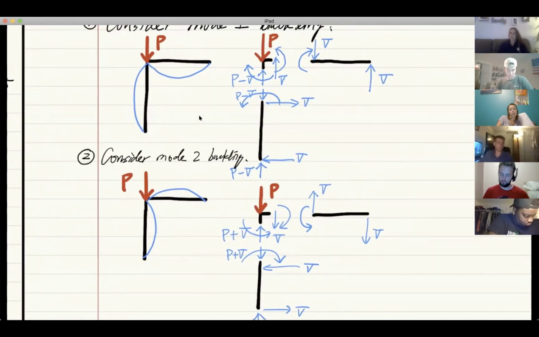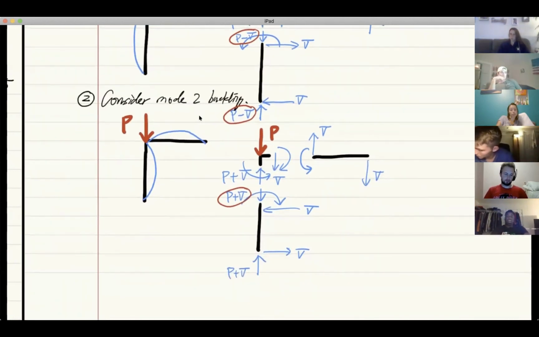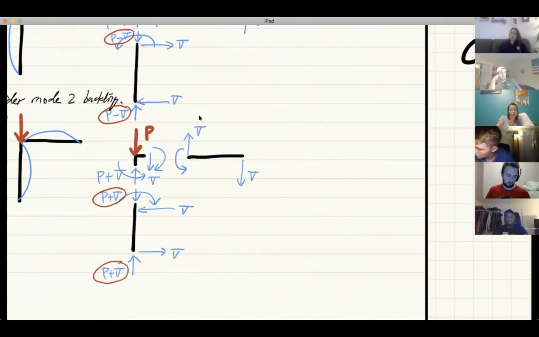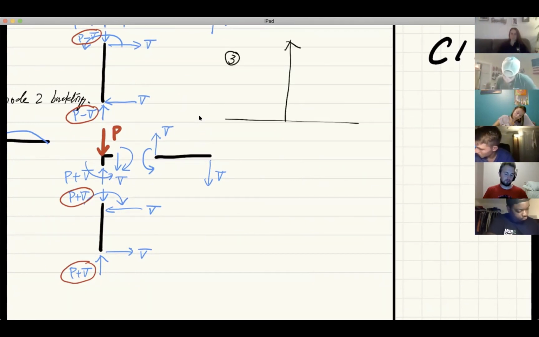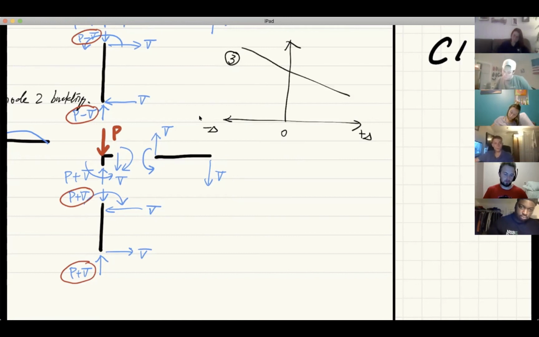The actual force, or the effective force, acting on the BC as a column member in mode 1 is P minus V, this value. But in mode 2 it is P plus V. Therefore, when we combine them together, the load deflection curve, of course depending on which direction you want to use, is going to look like this.